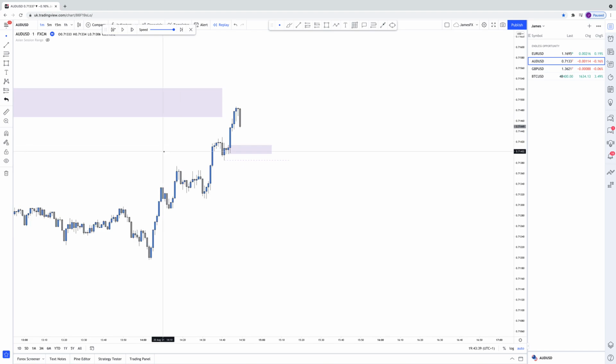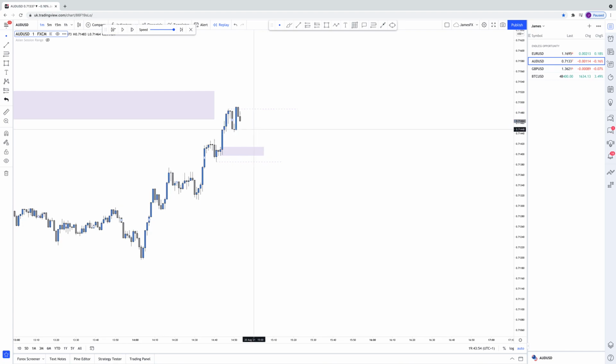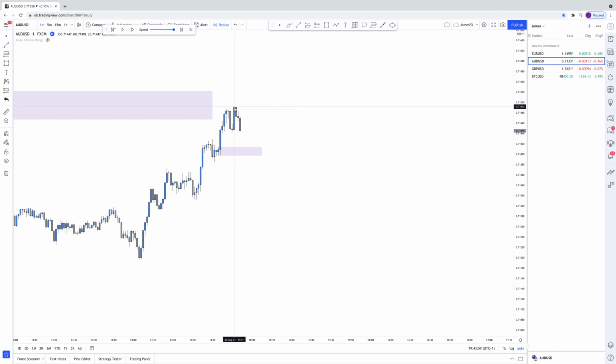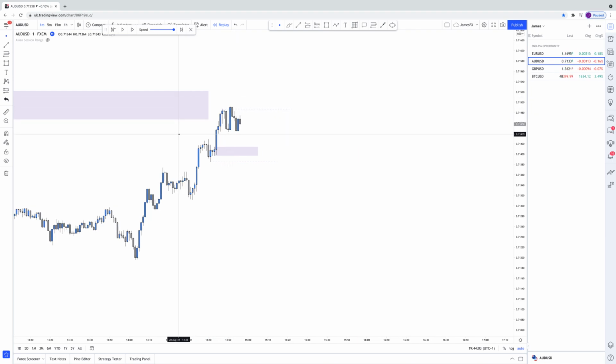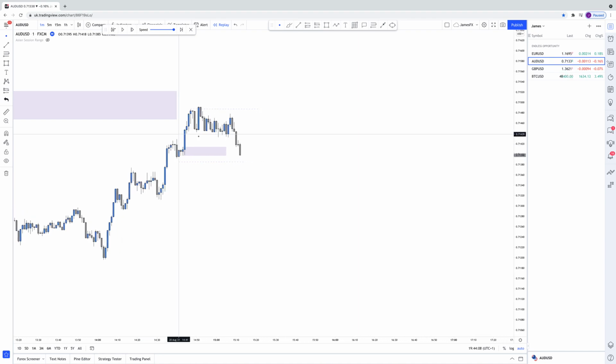Now we've pushed down, so at this point here we are still bullish, and what we can now see is we've actually taken out that high, and what happens next for me is quite important, because is that high a seek of liquidity or is it still bullish? And I'll show you what I mean by that. So what we can see now is we are ranging, and we have now mitigated this demand.